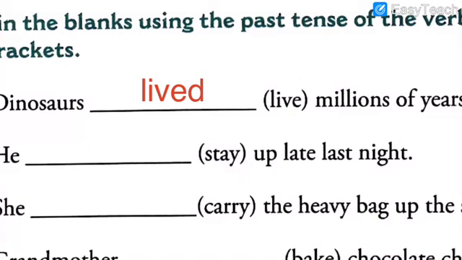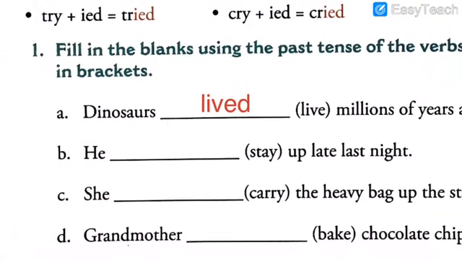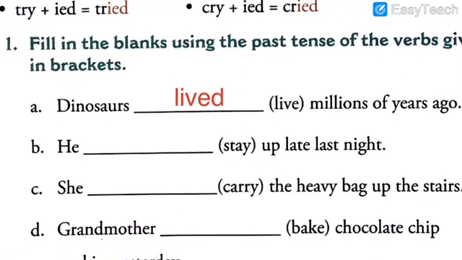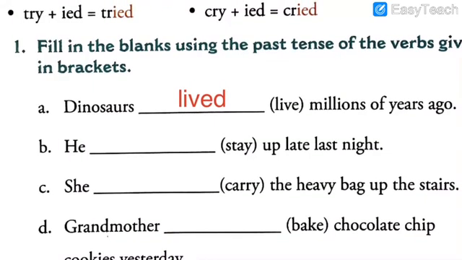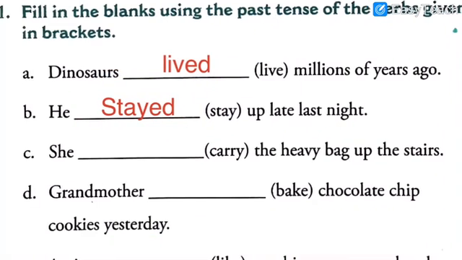Here vowel A is there before Y. Then we just have to add ED. So stay will become stayed. He stayed up late last night.